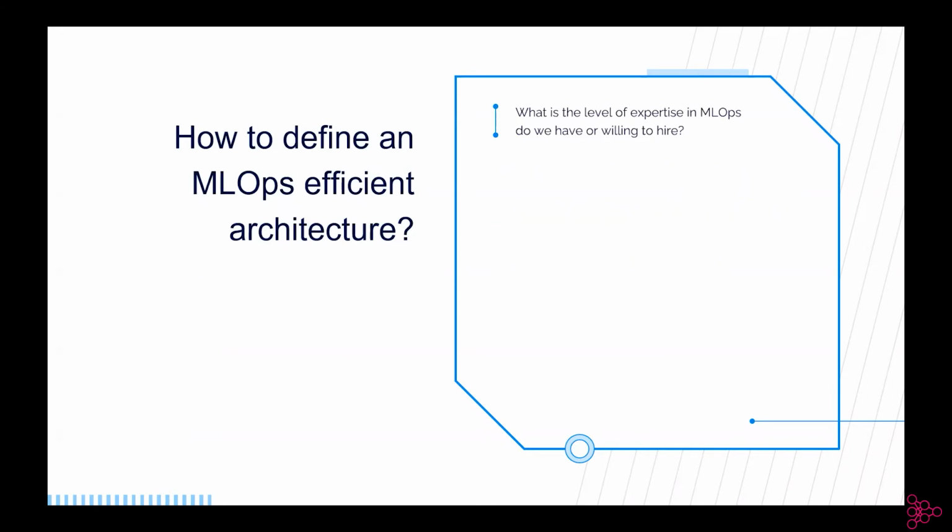This is something I usually share with partners and customers: how to define an efficient MLOps architecture. It starts first by defining what level of expertise in MLOps we have or are willing to hire. For example, if you already have DevOps people in your team, that's usually a good start to have people that will cover the DevOps portion within your lifecycle.